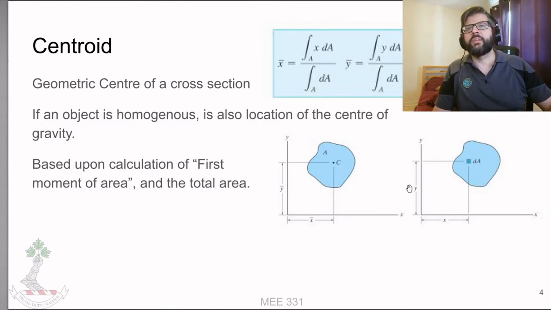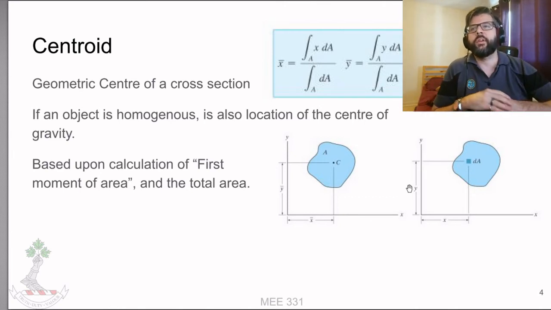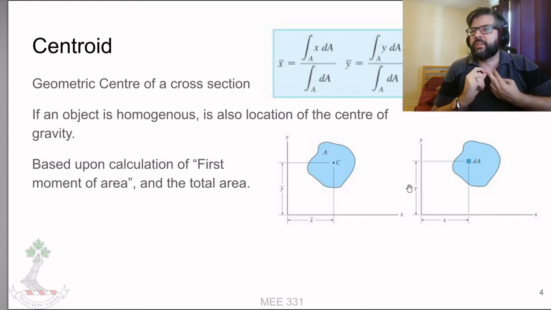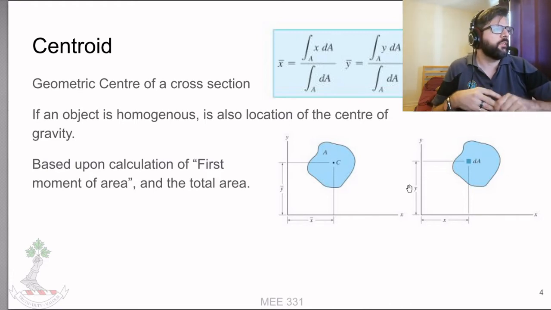One of the most important properties of a cross-section is its centroid, the geometric center of a cross-section. If we're talking about a homogeneous object, it's also the location of the center of gravity.